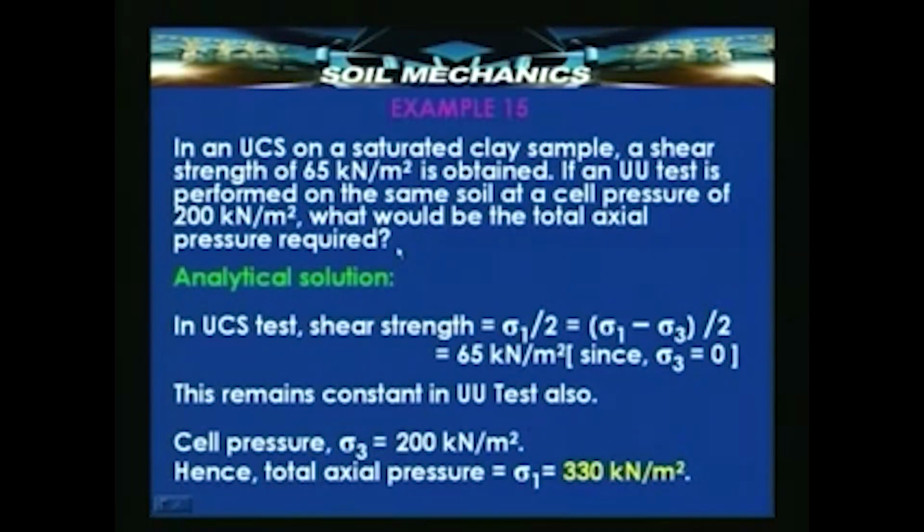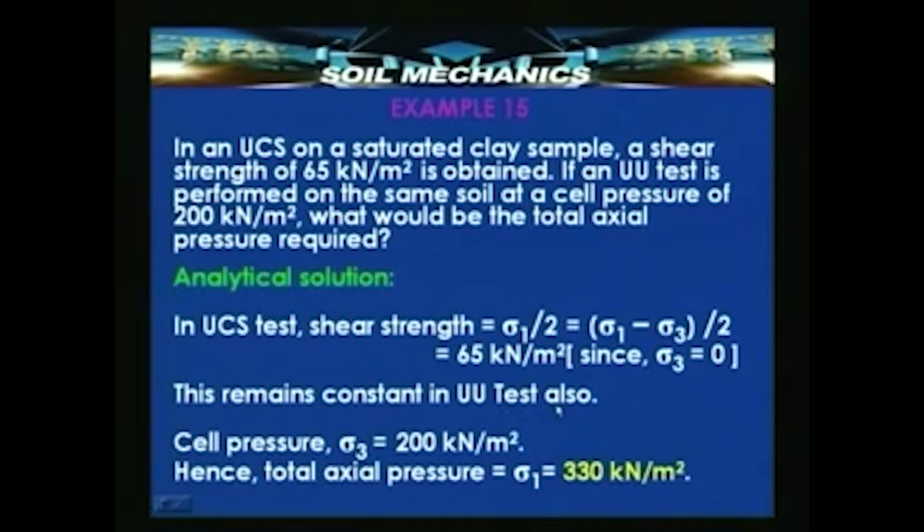The next example, example 15, gives you the shear strength of a saturated clay sample from an unconfined compressive strength test. Since an unconfined compressive strength test is very similar to the UU test except that the sigma 3 value is 0, we can use this result to calculate the axial pressure required to cause failure in an unconfined compressive strength test if we know the sigma 3. So here it is, from the unconfined compressive strength test we get sigma 1 minus sigma 3 by 2, where sigma 3 is 0.